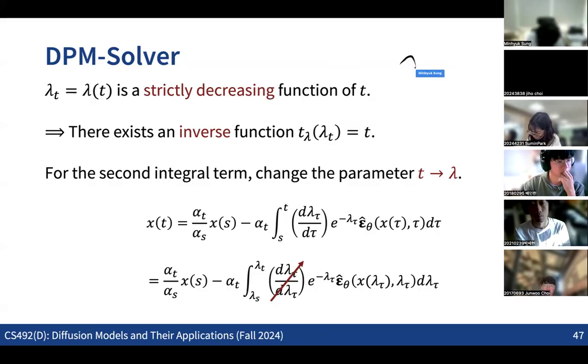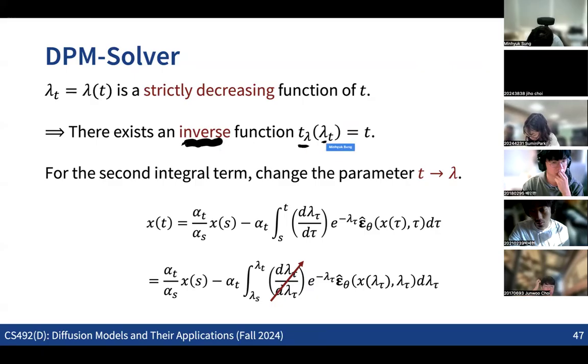For each lambda, we can specify the corresponding t, and the other way around, because lambda is decreasing over time, right? Because of this fact, we can consider having an inverse function from the time t to lambda, which means that in this equation we can change the parameter of time t into lambda instead.